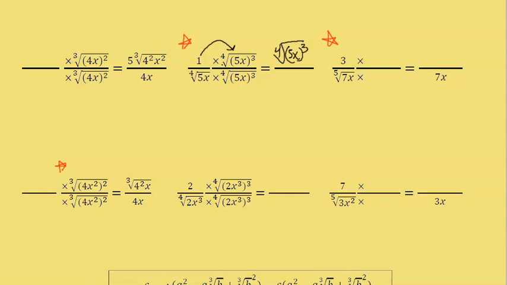We multiply the conjugates together, you get 5x left over. This is an even root, so we're going to put absolute value signs on the outside of it. For absolute value signs, you put them if it has an even root and if the variable has an odd exponent.